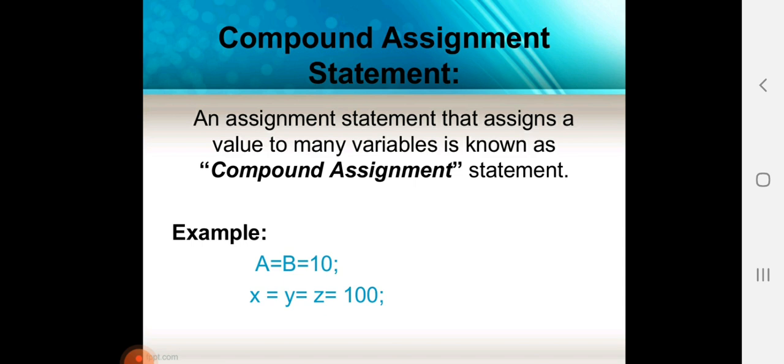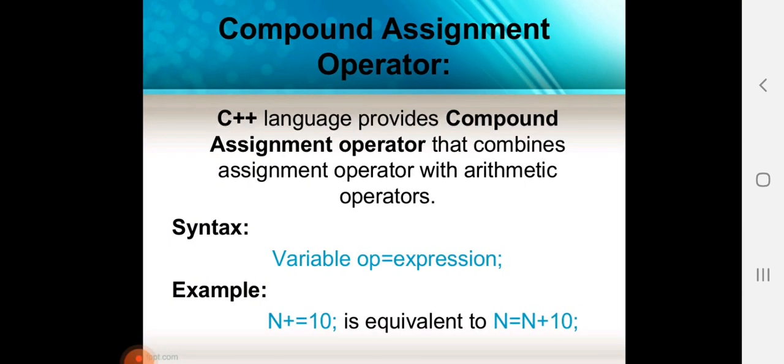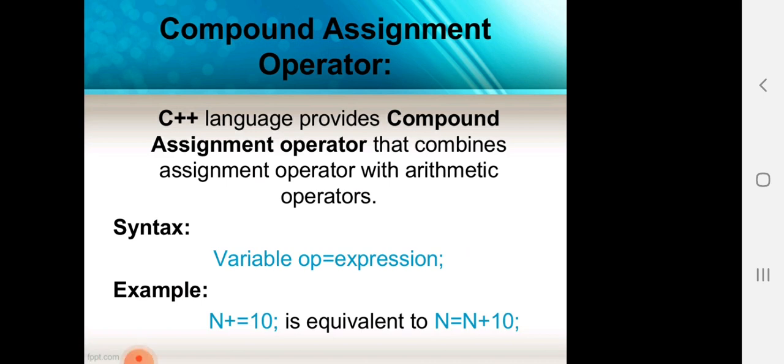We have given the value 10 to b and a. And a compound assignment operator means it combines the assignment operator with the arithmetic operator. What is the syntax? Variable, operator, equal to, expression. For example, n equal to n plus 10. Instead of that, we can write n plus equal to 10.